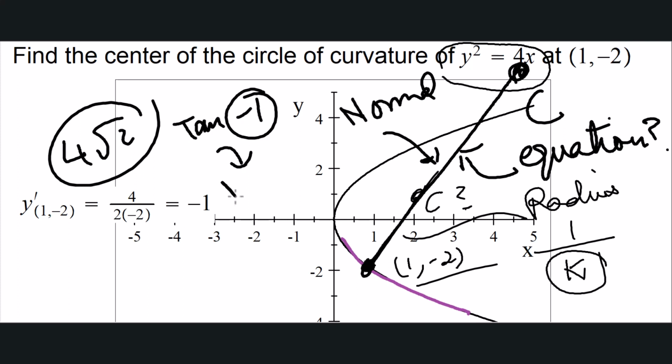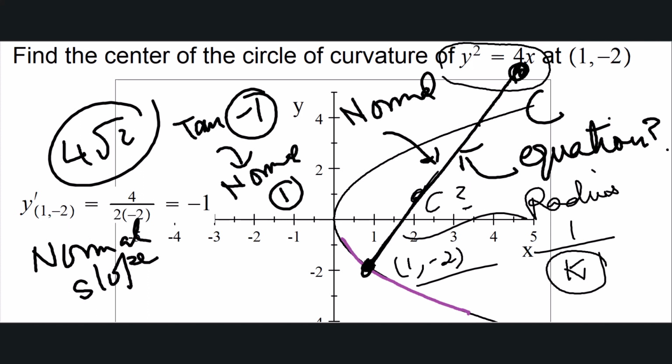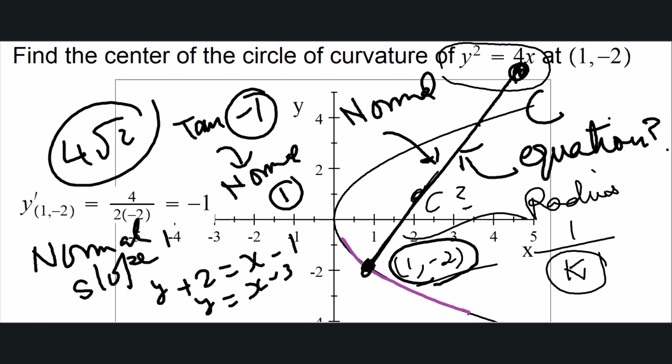The negative reciprocal of -1, that will be +1. So the normal line that we have has a slope of 1, and it passes through (1, -2). So what an equation will be is y plus 2 equals x minus 1, or in other words, y is x minus 3.